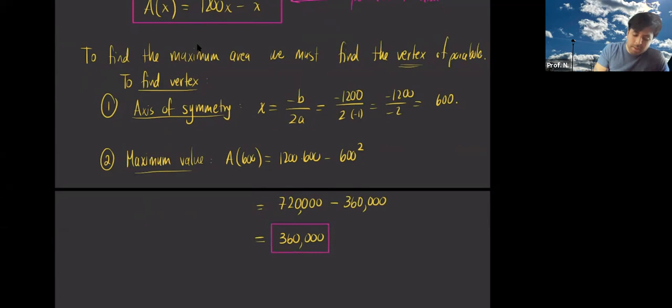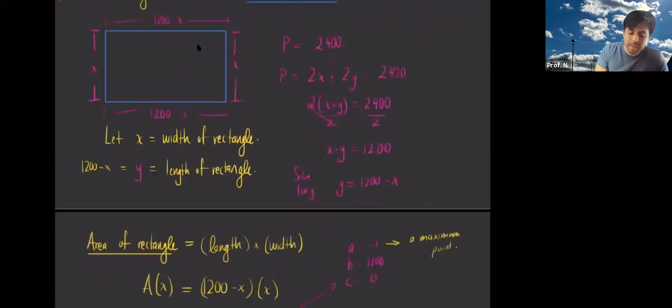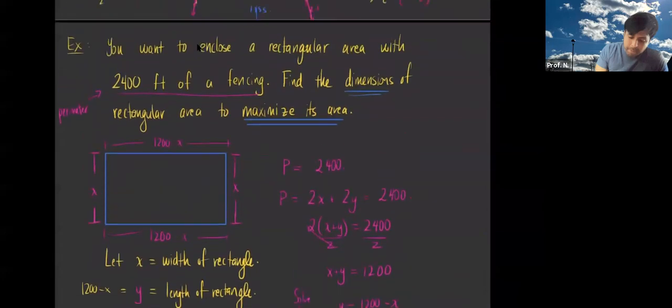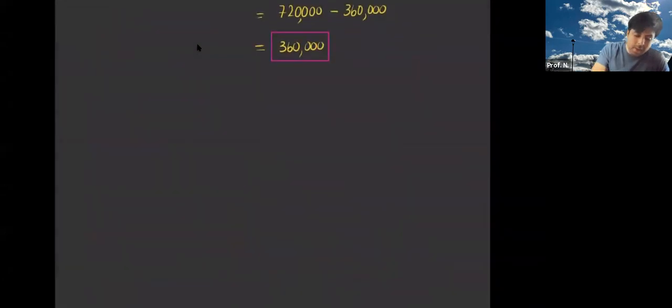So what does the maximum value represent? It gives you the maximum area. The maximum area will be, and this is in feet, so the area will be feet squared. This is the maximum area of the rectangular field.